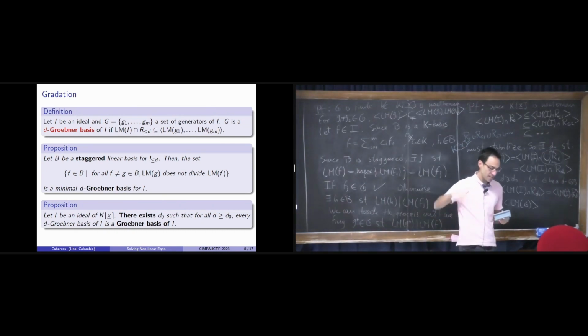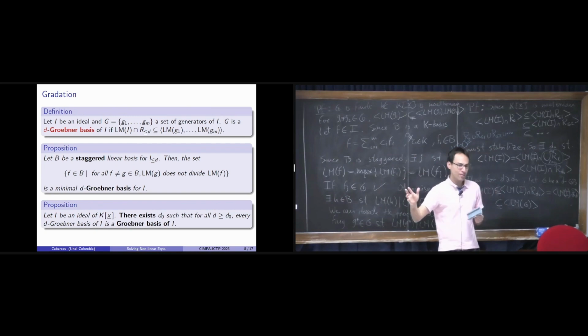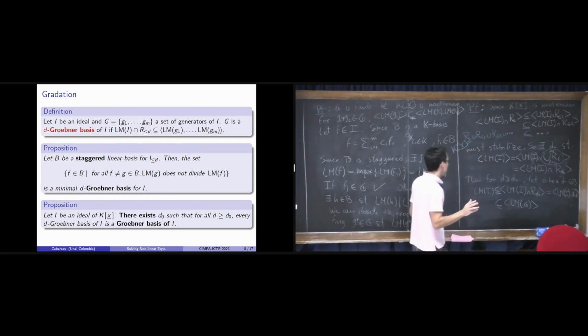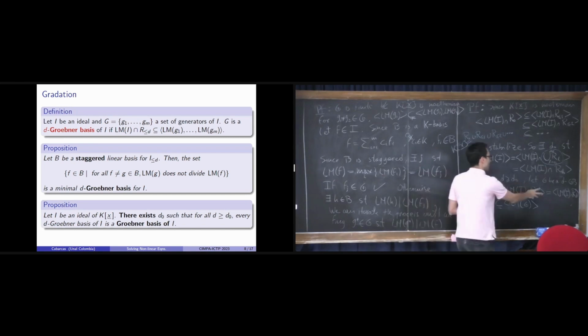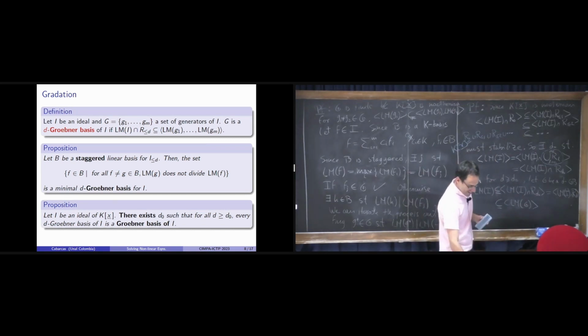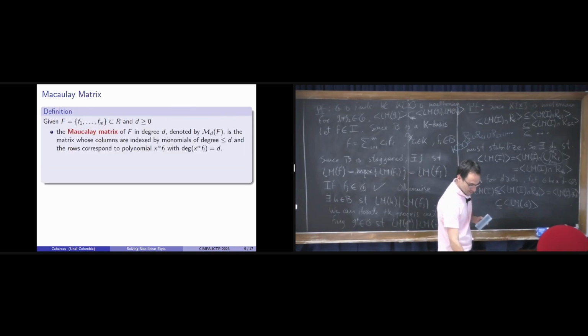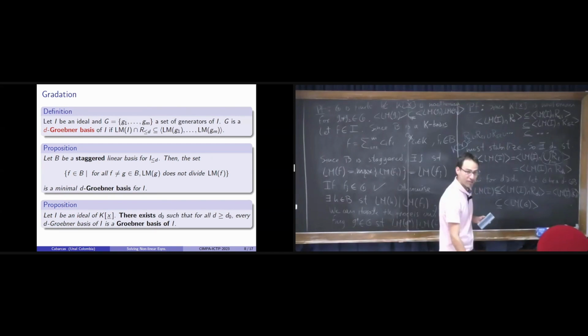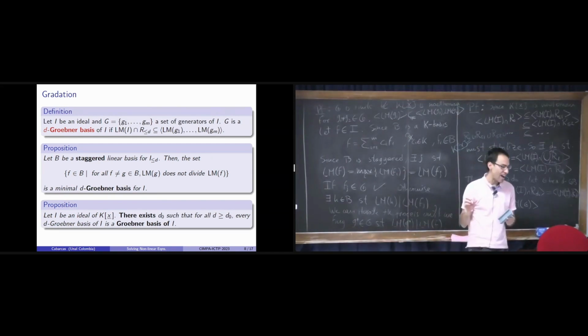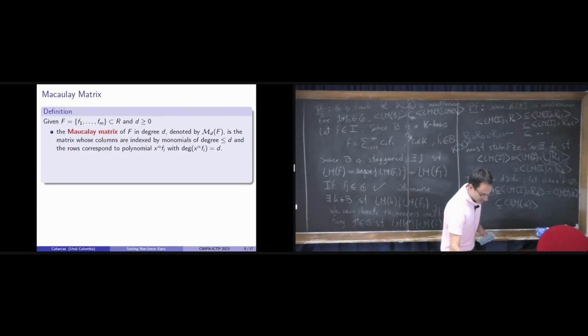Linear basis, staggered linear basis, d Groebner basis, and iterate until you get to this magic degree d0, where the whole thing is stabilized. It sort of solves the problem, if we had a way to know where to stop. We will get back to that in a moment.